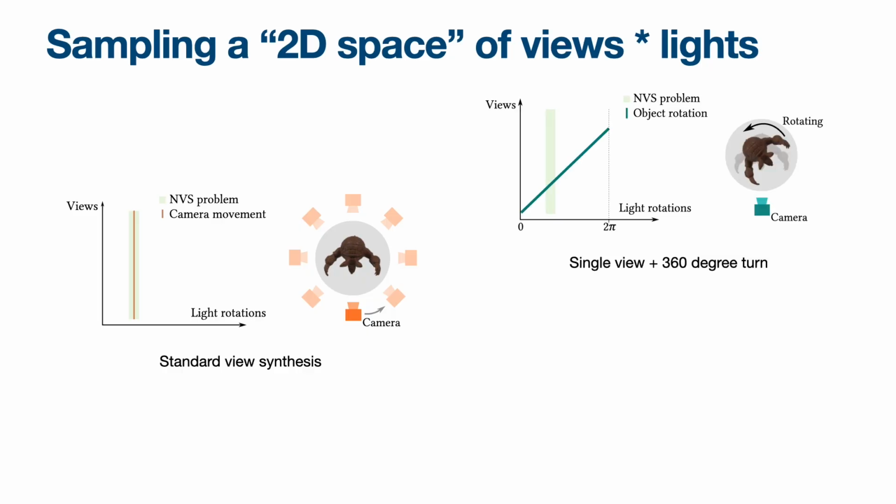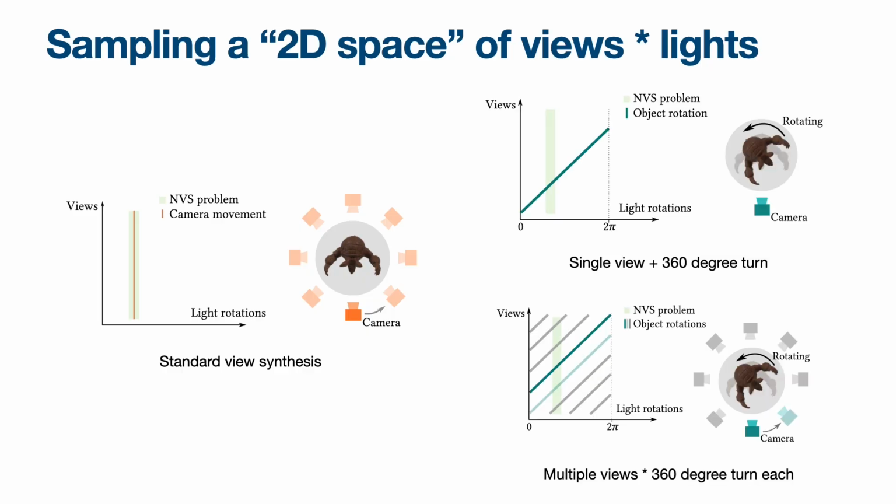So you can think about it this way. You can think about a 2D space where one axis is view and one axis is light. What traditional novel view synthesis is doing is basically taking a column here: one fixed light rotation and a bunch of views, right?